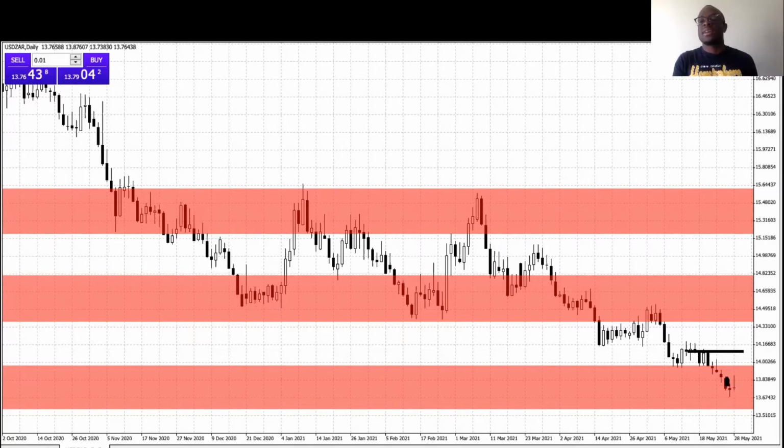Then the other scenario is where the price might just continue movement to the downside without pulling back to reach our 13.56593 level. I'll also be expecting larger tails on the candles, because I'm expecting higher probability as we are now in the support zone.